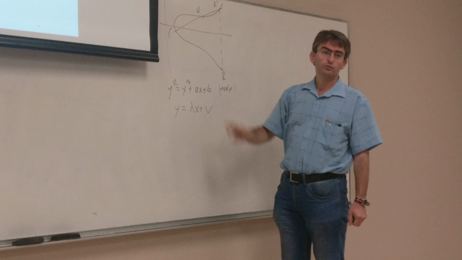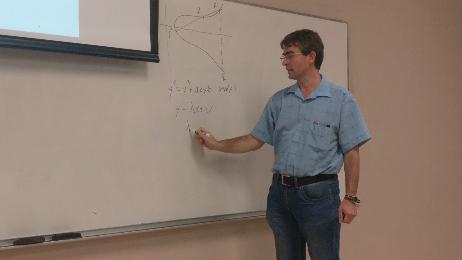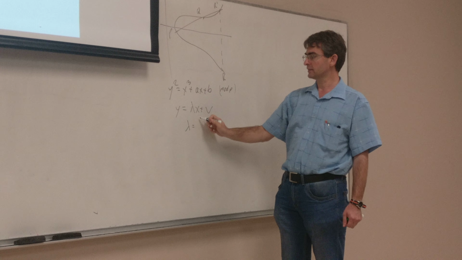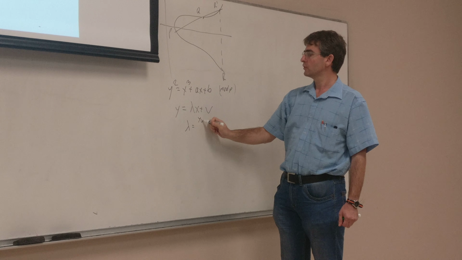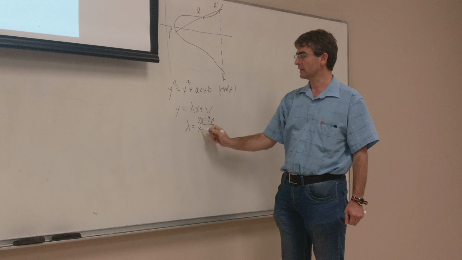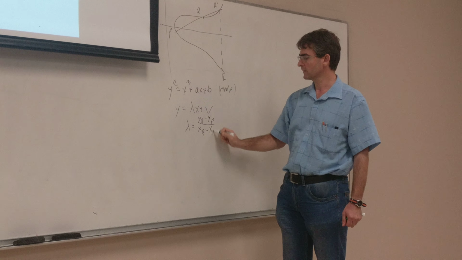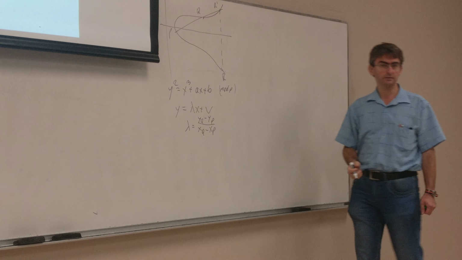For a line determined by 2 points, P and Q, we know that the slope can be computed as yq minus yp divided by xq minus xp. So that is the slope determined by 2 points.